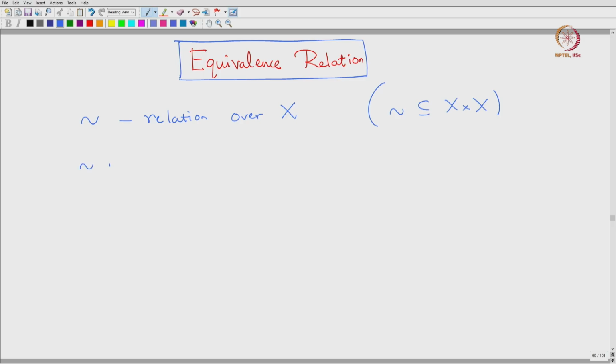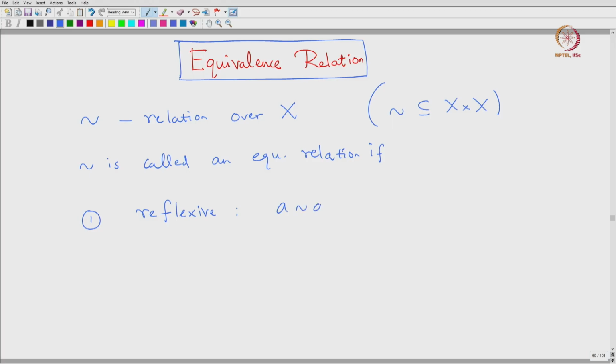So, tilde is called an equivalence relation if the following properties are satisfied. The very first property is reflexive. So, that means any element A in X is related to itself.